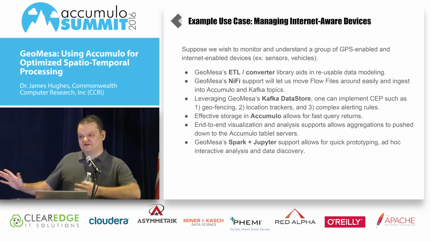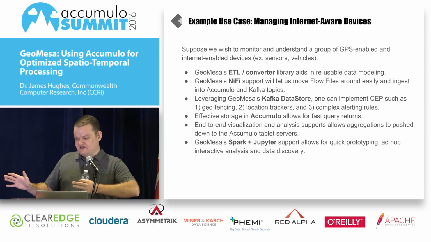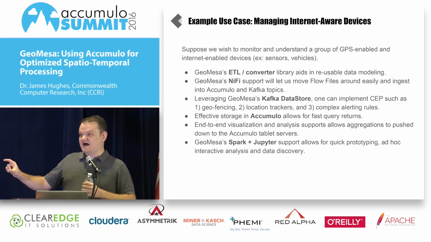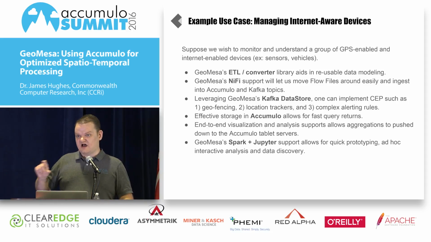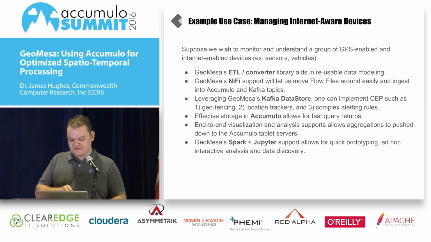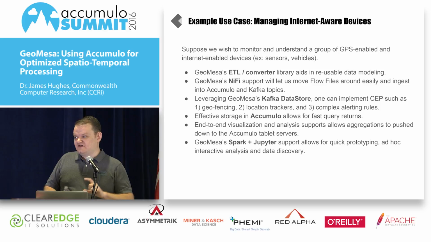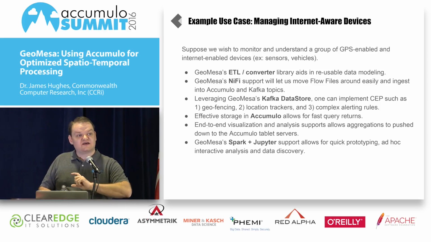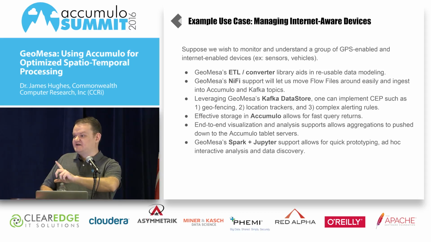NiFi lets you handle flow files, and that's going to give you a chance to understand how data is moving around in your enterprise. The Kafka data store lets us use Kafka as a write-ahead log to say where messages are landing in time. We can put several of those together to build up complex processing.